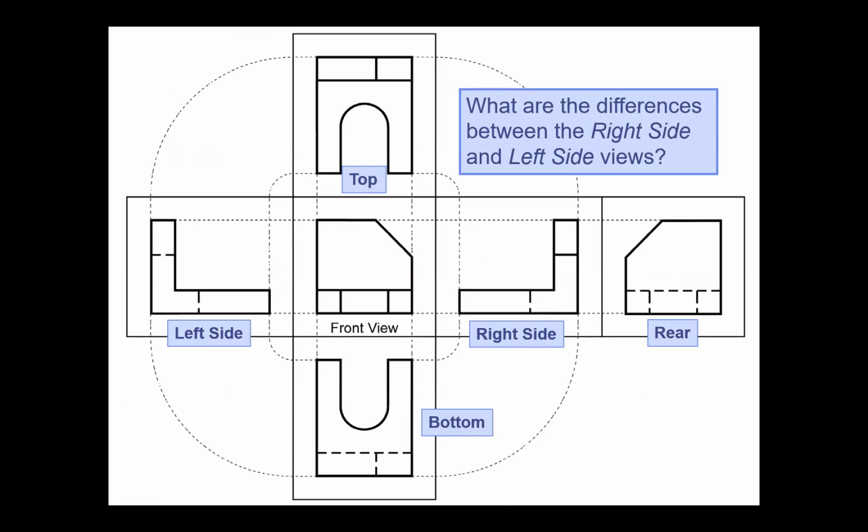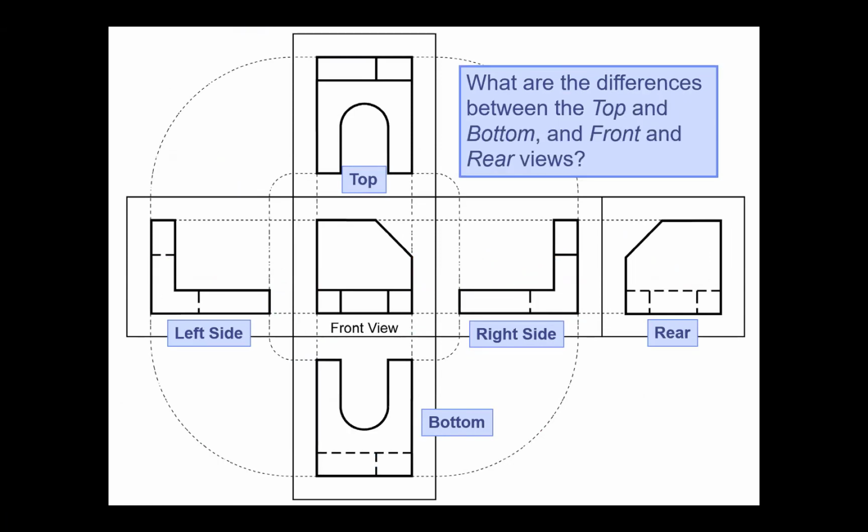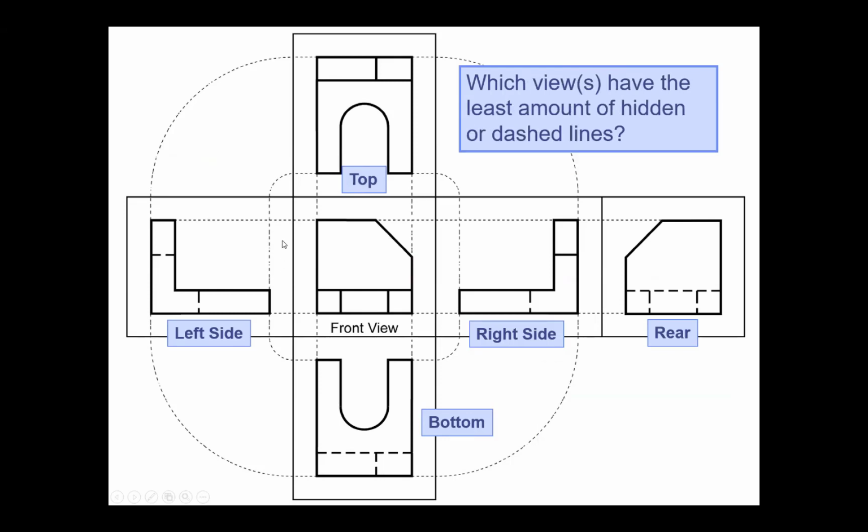Everybody feeling pretty good about that? If you were drawing this and you drew the left side, you could easily mirror it to the right side or vice versa and just change the one line. Yeah, that's what we do. That's how we make our money.